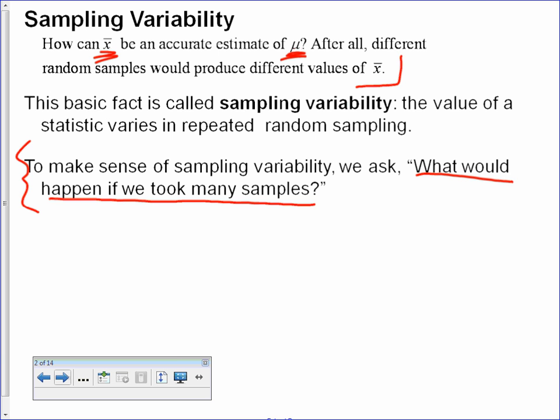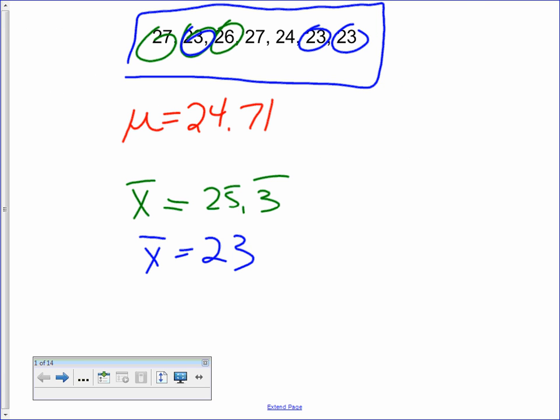And if we go back to our example, there was this population of 7, and we were picking 3.